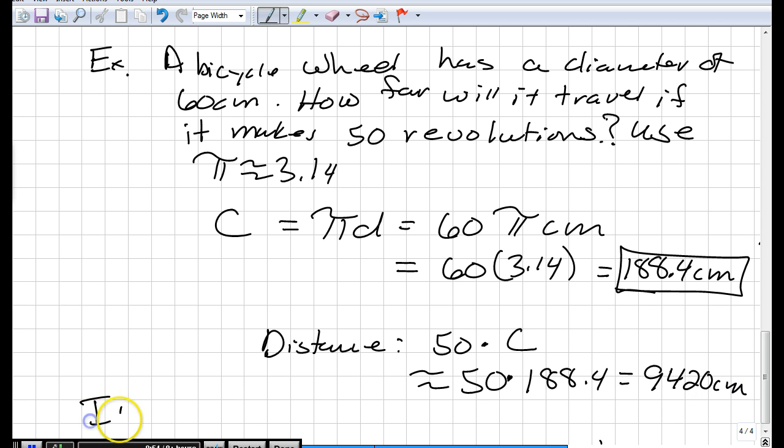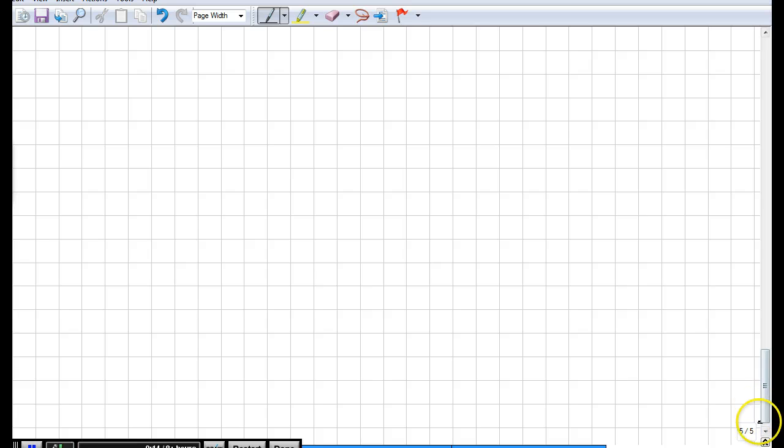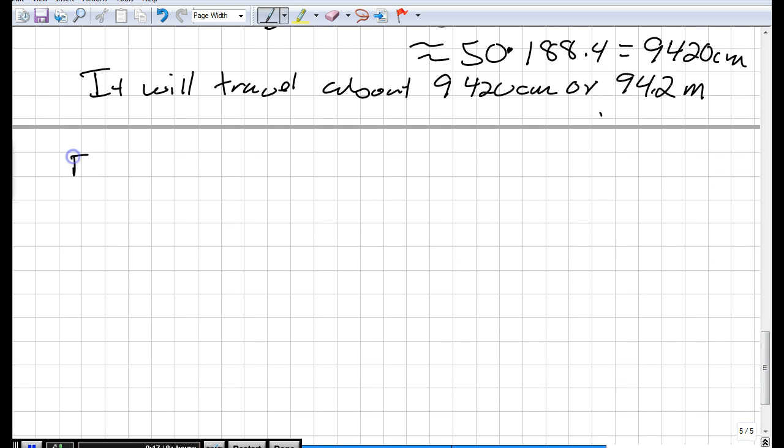So it will travel about 9,420 centimeters, or 94.2 meters if we divide by 100. Okay? Okay, one more example.